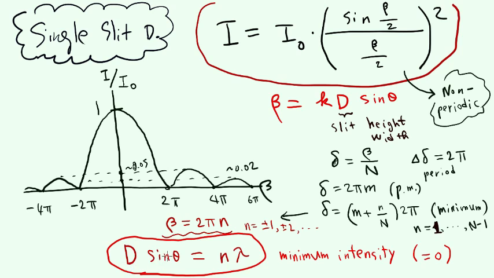Recall that in the double slit case, d sine theta equals n lambda was the maximum intensity condition. In the case of single slit, you have a similar expression, capital D sine theta equals n lambda, where capital D is the dimension of this single slit, the width or the height of the single slit. You actually have a minimum intensity.